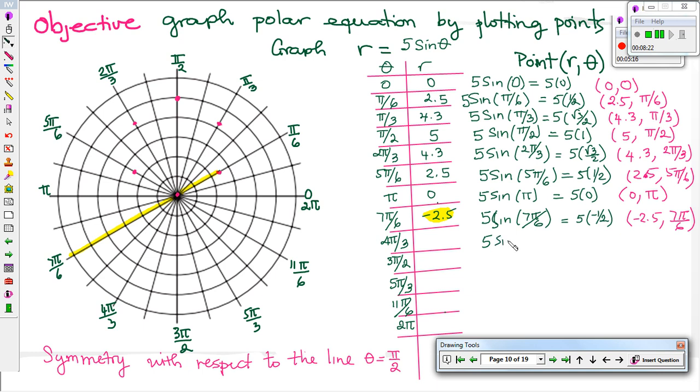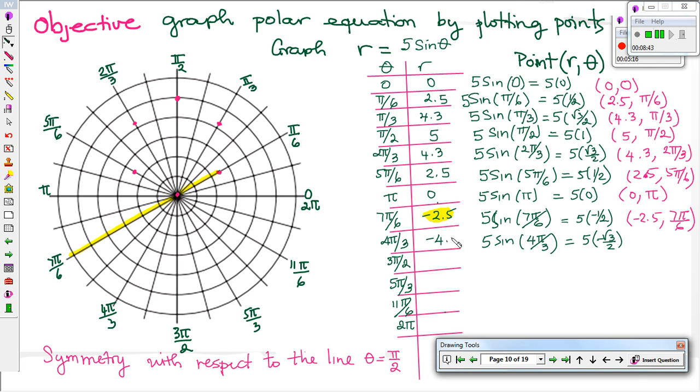Okay, next we go 5 times sine of 4 pi over 3. So 5 times negative square root of 3 over 2.